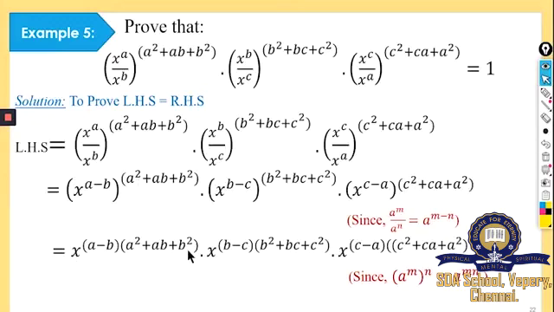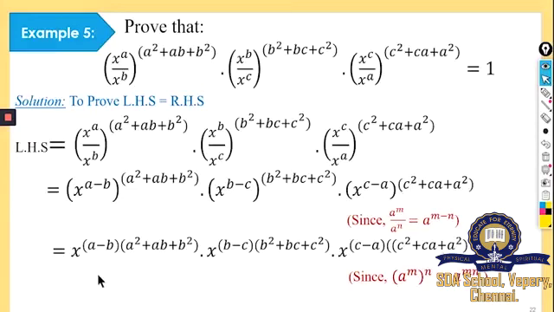So that is how we have got, applying this law here, x power a minus b into a square plus ab plus b square. Likewise, here also you have to apply the a power m to the power n law, and here also. So we will get x to the power b minus c into b square plus bc plus c square. Likewise, in the third term also, if you apply the law, you will get x to the power c minus a into c square plus ca plus a square.